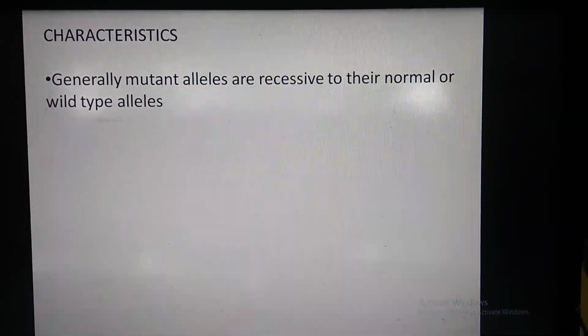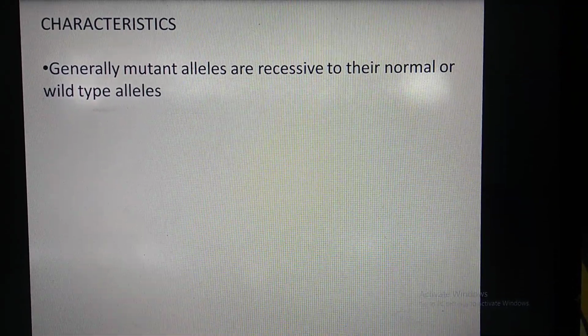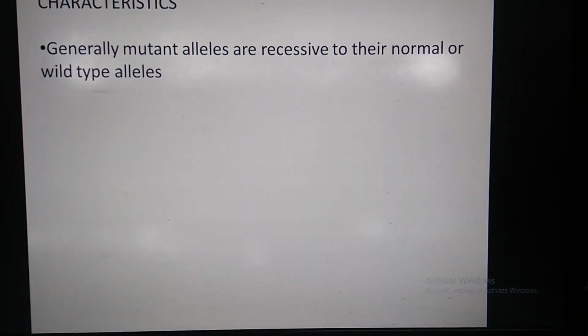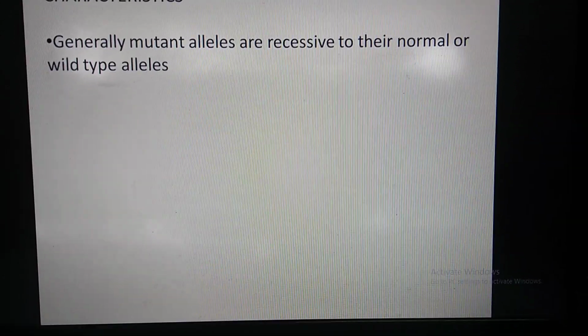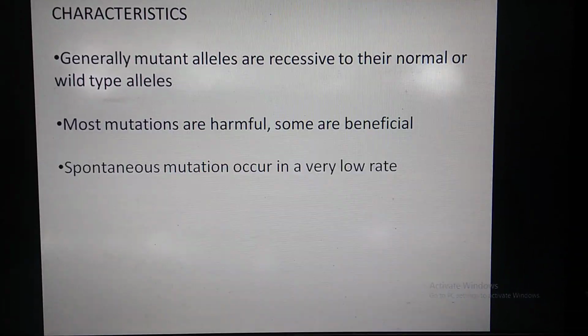One allele is wild type or unaltered and another is mutated or changed genetically. So remember that generally the mutant alleles are recessive to their normal or wild type alleles.